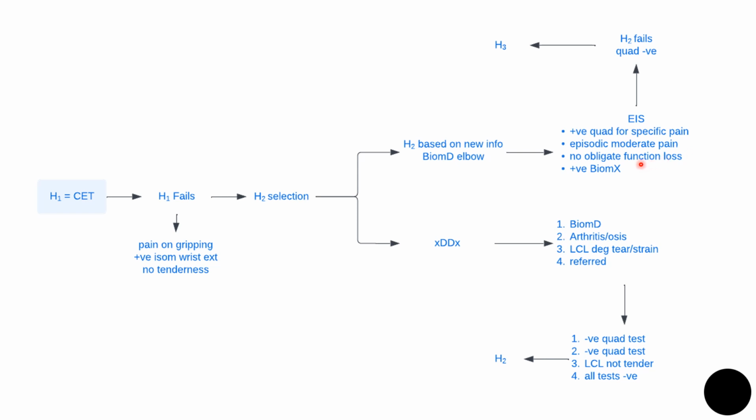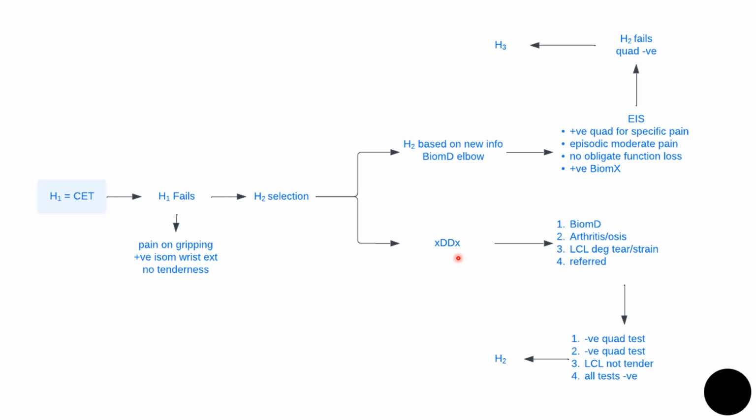If all that works out, you have H2. If it fails, say the quadrant test is negative in this case, then you have to generate H3 and repeat the process. Or the other way to select H2 is through exclusionary differential diagnosis. You could do it through inclusionary, but it takes a long time, where you're trying to prove each one rather than trying to disprove each one to eliminate it.